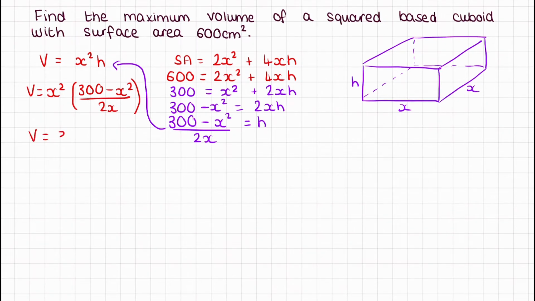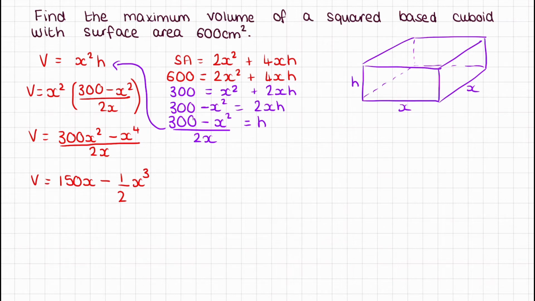We expand the bracket, so that will be 300x squared minus x to the 4 all over 2x. We don't need to simplify this once more, but if we are going to do the derivative by hand, then you would need to. Dividing by 2x, we'd have 150x minus a half x cubed.